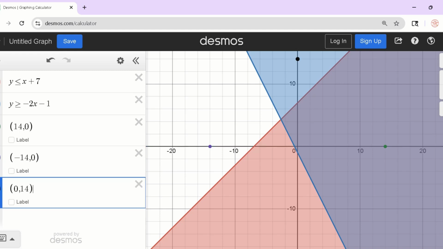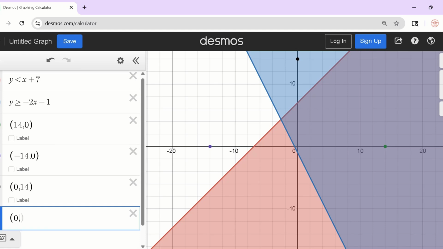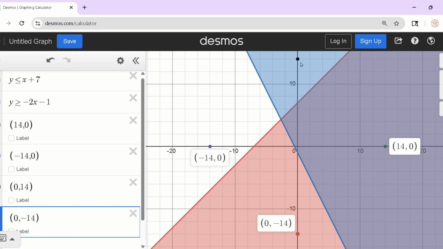I'm not putting them in the order that they were in A, B, C, D. Sorry about that. There we go. Okay, there's our 4 points: negative 14, 0, 0, negative 14, 14, 0, and 0, 14. And 14, 0 is the only one that is in the shaded overlapping area.